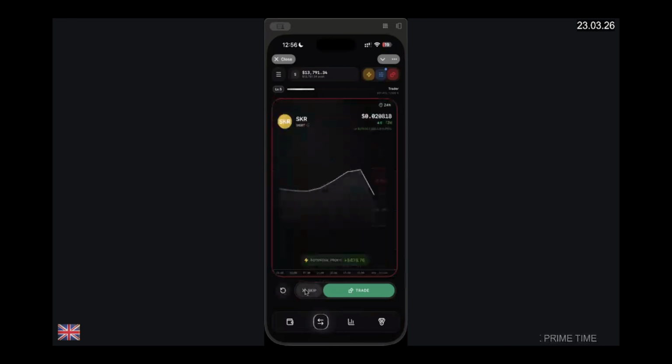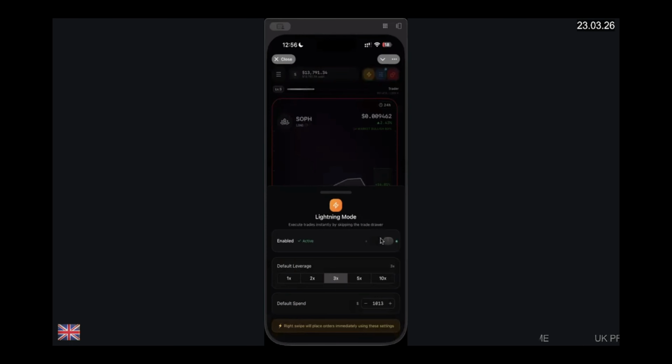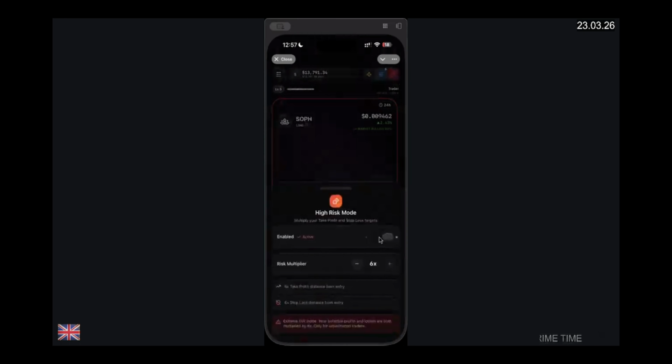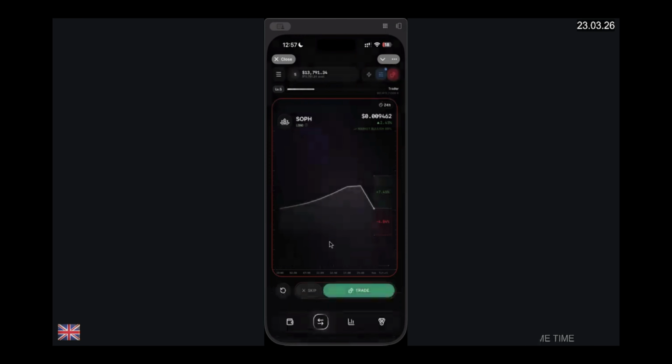First we will find Ethereum, Bitcoin, and see what the profit card is suggesting. We will first close the lightning mode and set high risk mode at 3x.